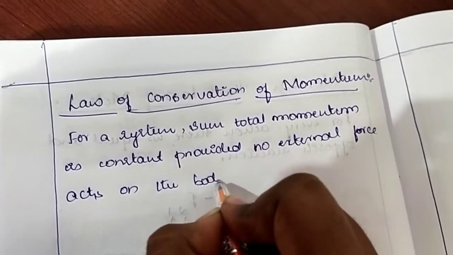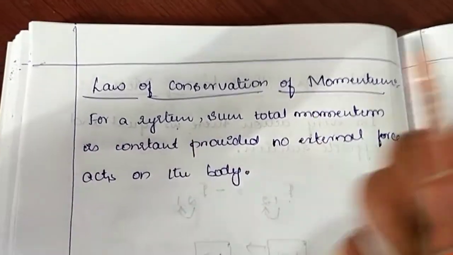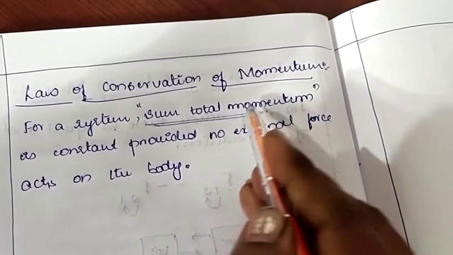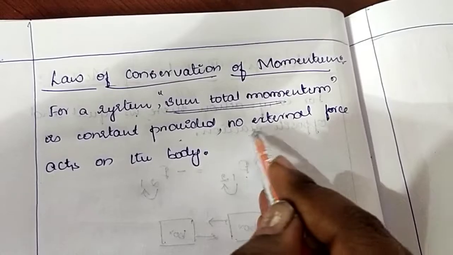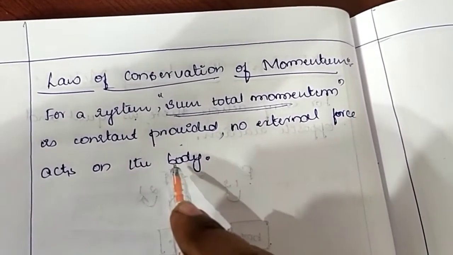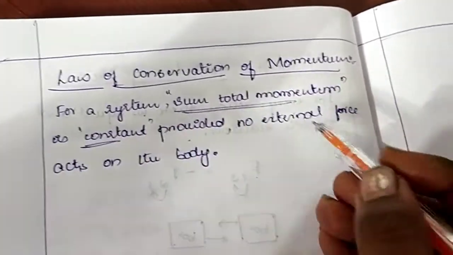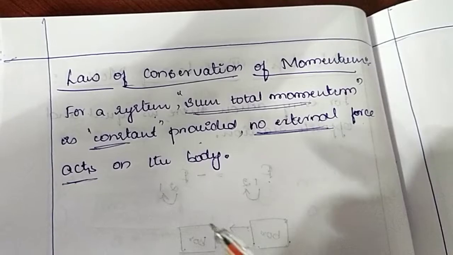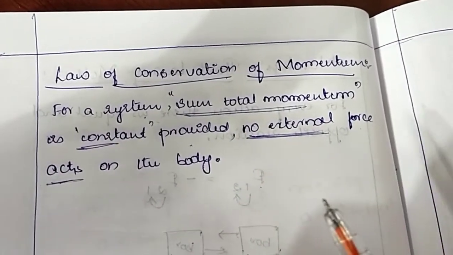That we take as the law of conservation of momentum. So for a system, some total amount of momentum will be there, which is constant, provided no external force acts on the body. So it will be constant and certain, and there won't be any external force acting on the body. Okay, this is how the law of conservation of momentum is taken.